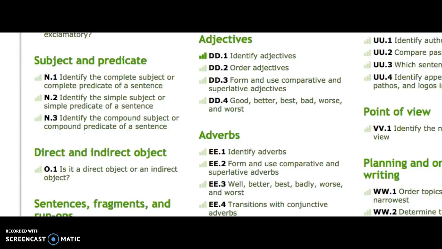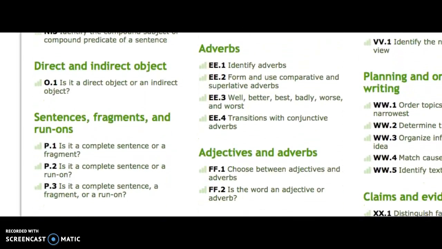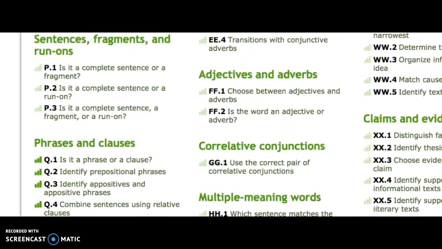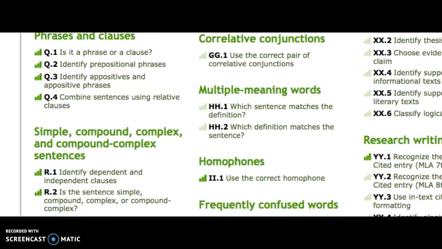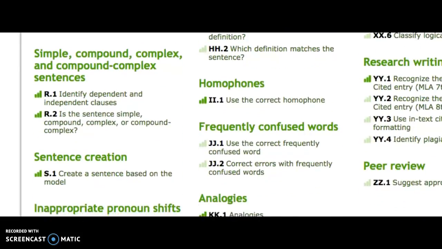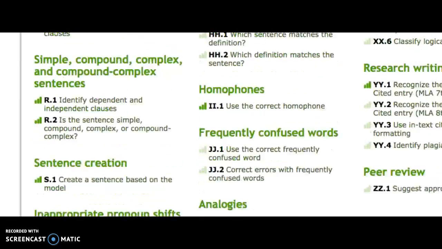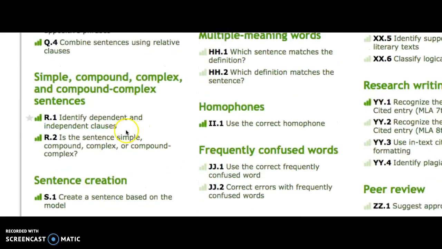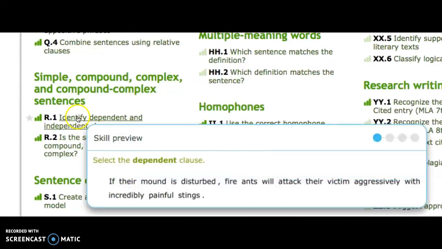I believe that this is a more advanced level, so it might not be in level I. So let's take a look at some complex sentences. We'll go to dependent clauses.